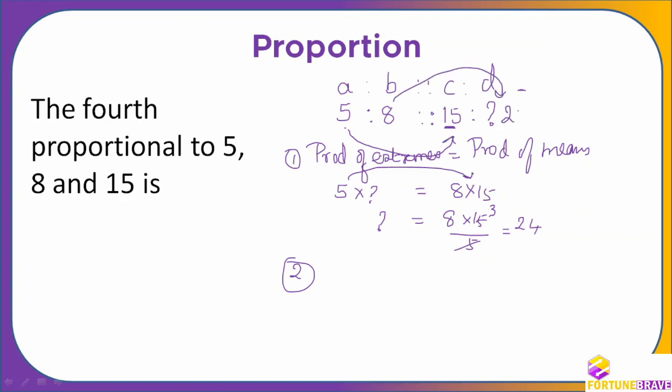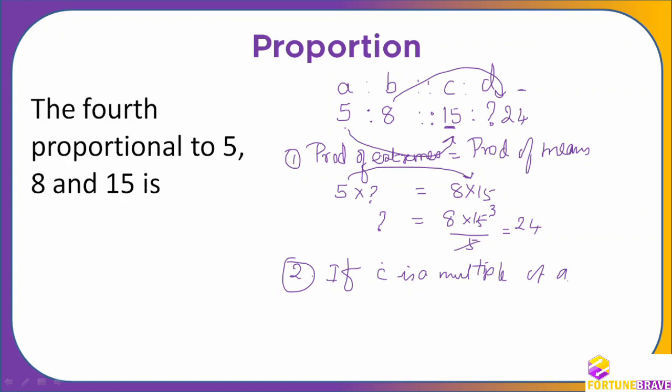We directly do this. This second method works only if C is a multiple of A. This could have been anything else, 5 is to 8 could have been anything else. Because it's a multiple, I can do it. Understood?